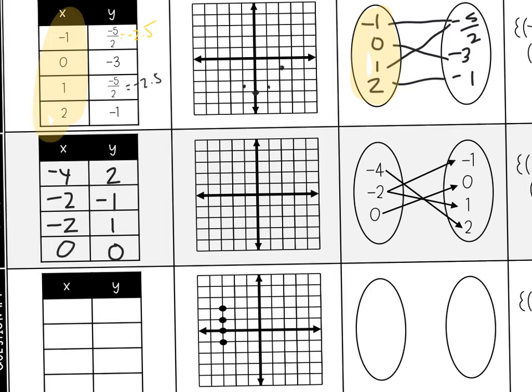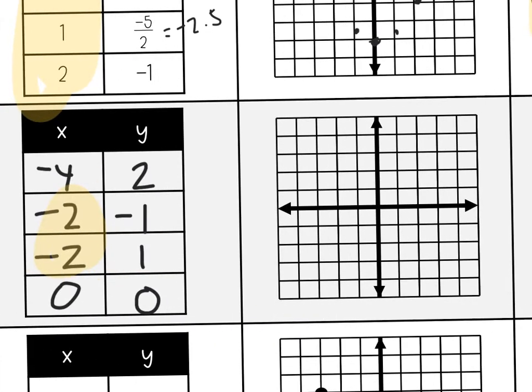So what I notice is that right here my x's repeat themselves. So when I look at the graph, I can tell it's going to have a repeat. Let's plot our points. -4, 2, -2, -1, -2, 1, and then 0, 0.